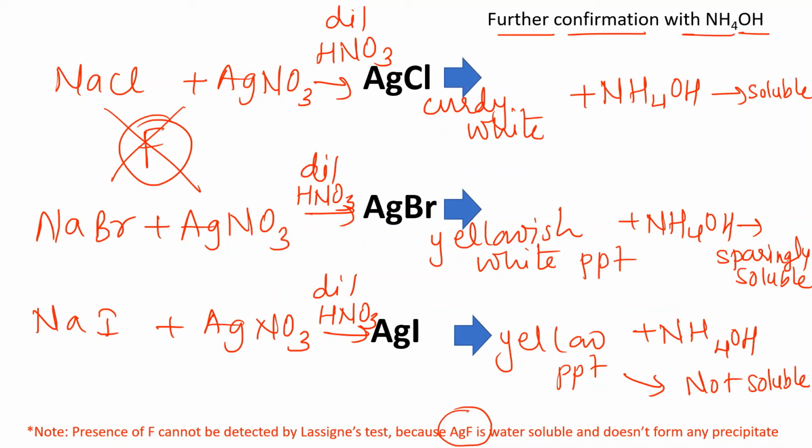For the detection of fluorine, we can use other methods like spectroscopic methods, for example the NMR technique. So 19F NMR can be used for detecting the presence of fluorine. There are many other methods also, like mass spectroscopy. But using this Lassaigne test, fluorine cannot be identified.